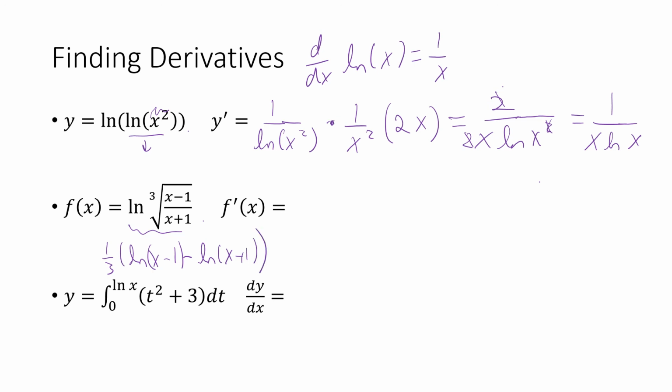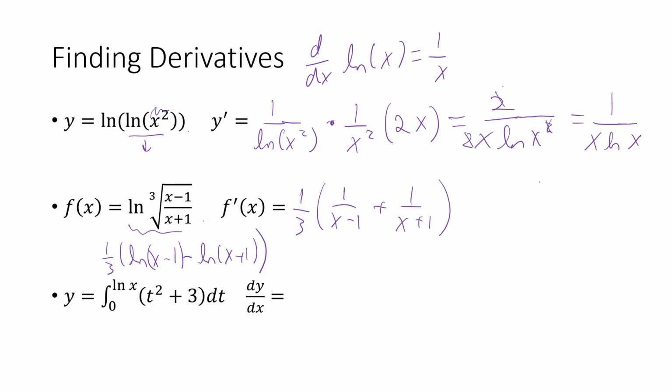And now it's a really easy derivative to take. I just have still 1/3 as a constant coefficient. And then the derivative of log of x minus 1 is just 1 over x minus 1. So we can take that derivative much more easily than if we used chain rules and quotient rules.